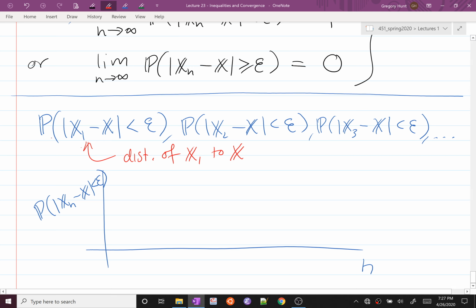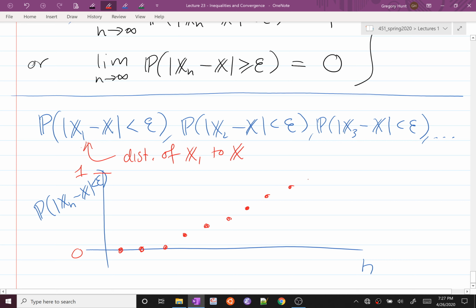Maybe at the beginning the probability is low, since probabilities are between 0 and 1. Maybe in the first couple, the probability that they're within the chosen epsilon is small, even 0, and then eventually small but not 0. Hopefully over time, if the X_n's get closer to X, the probability they're within some distance of each other should increase.